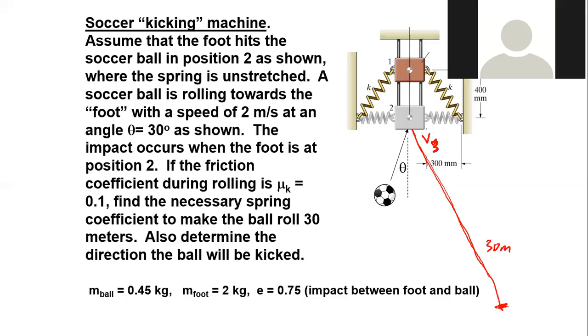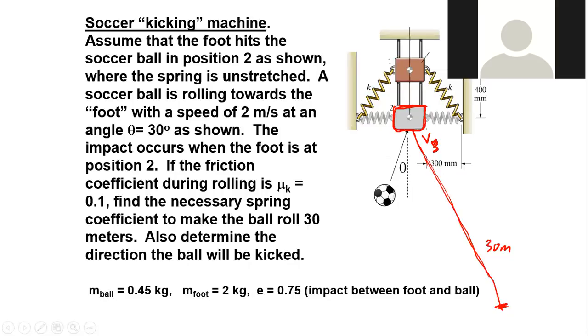Okay. Then how do we figure out what this V3 is? Well, you're given E, so you would work backwards with E to find the velocities that you don't know. Yep, you're going to have to do impulse momentum there, right? So you've got the ball hitting this thing, and you've got the E, just like you told me. So you're going to have an E relationship, and then you're going to have the impulse momentum relationships.